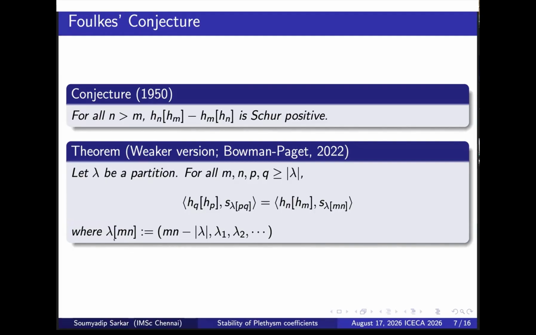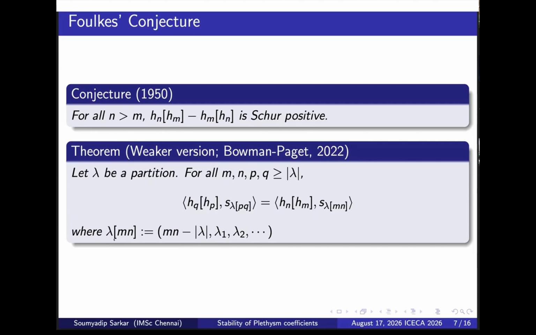And then using the representation theory of partition algebra, they are able to conclude that the coefficient of s lambda pq in h_q plethysm h_p is the same as the coefficient of s lambda mn in h_n plethysm h_m.